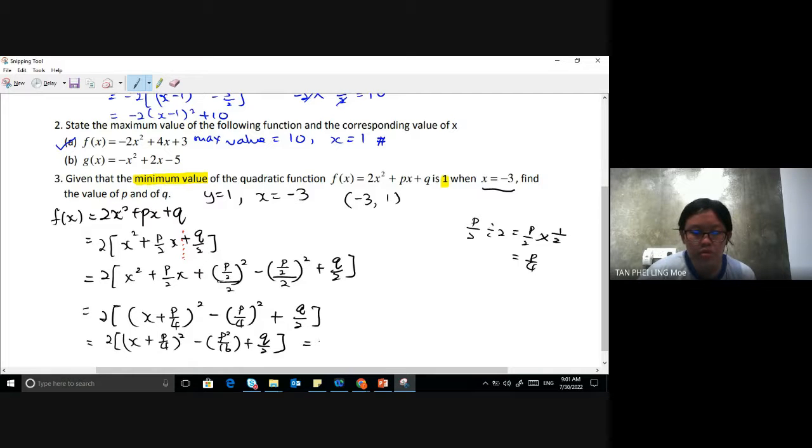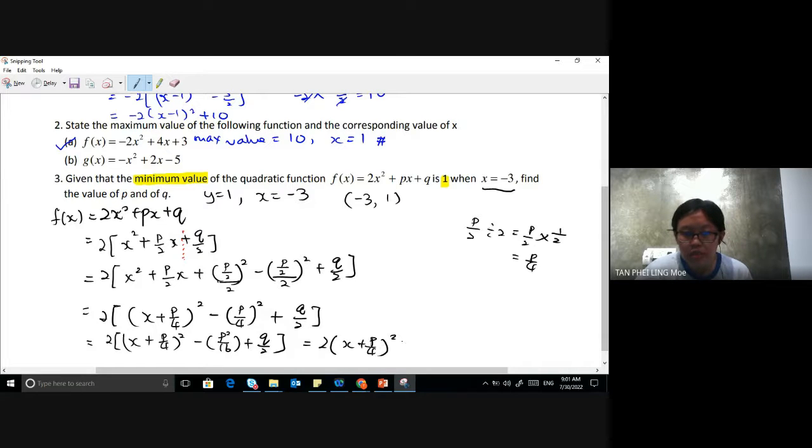So now you can group them. The 2, because this one you cannot simplify anymore, you can just multiply in and expand the big bracket. Remember, always have to get rid of the big bracket. So 2 times x plus p over 4 whole square, just copy back.